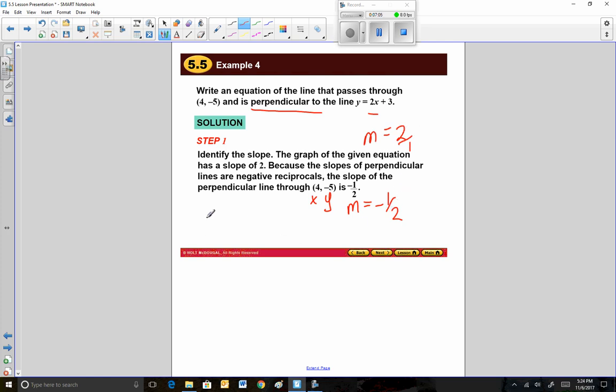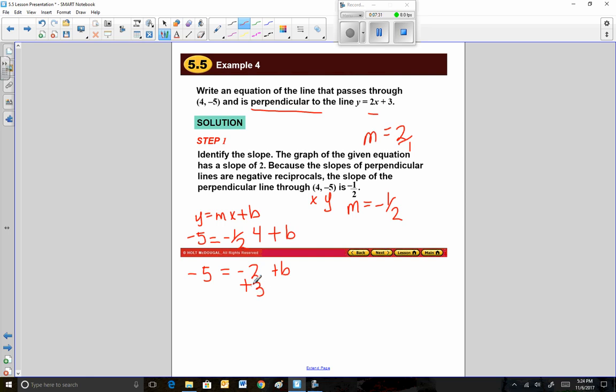Then we type it into slope-intercept. We write y equals mx plus b. And we plug in our y value, which was -5, getting it from here, and slope negative 1/2, and our x value is 4, plus b. What's half of 4? Well, that's 2, -2. So we have -5 equals -2 plus b.